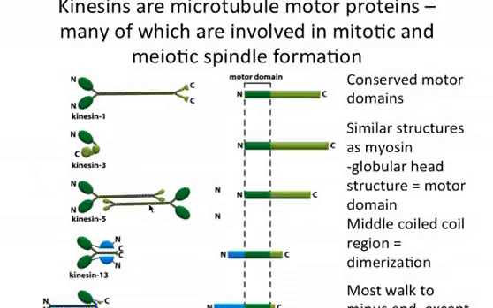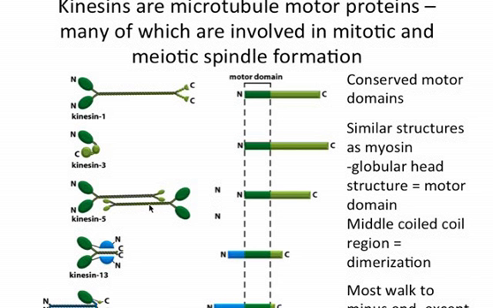Okay, so let's forget about myosin for 2 seconds until you have to study. Kinesins are microtubule motor proteins, so they walk along microtubules. Many of them are involved in mitotic and meiotic spindle formation. Makes sense. One of the major functions of microtubules is to form the mitotic and meiotic spindle.